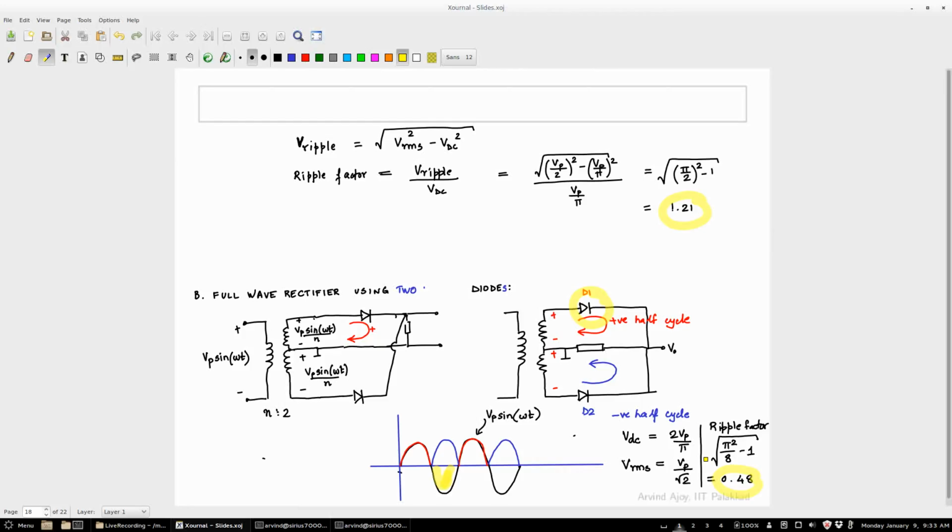Physically, you are looking at the RMS value of the AC component in your signal, or the RMS value of the time varying component in the signal. Because what have you done? Vrms is of the rectified signal, right?